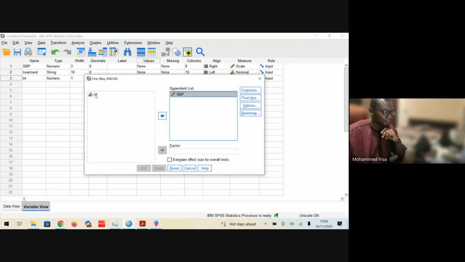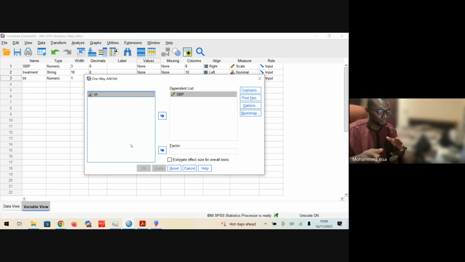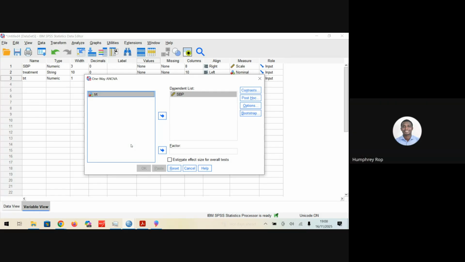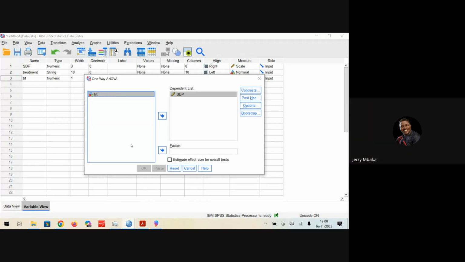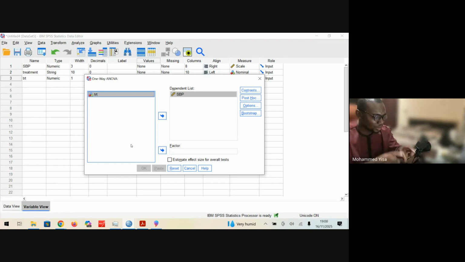Right? Then treatment, the factor is the, what's it called? Independent variable. No, the factor is basically independent. It's basically the categories that you are dividing that variable into.